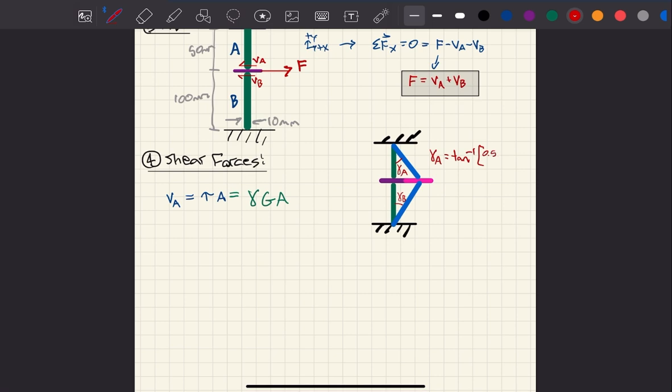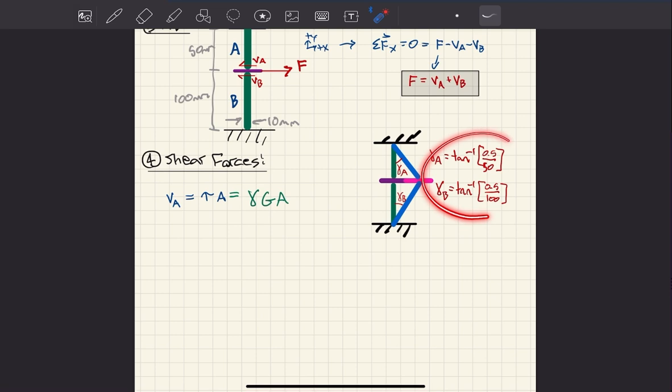I won't even include the units. 0.5 over 50. And this one is equal to the inverse tangent function of 0.5 over 100, right? So those are my two values.